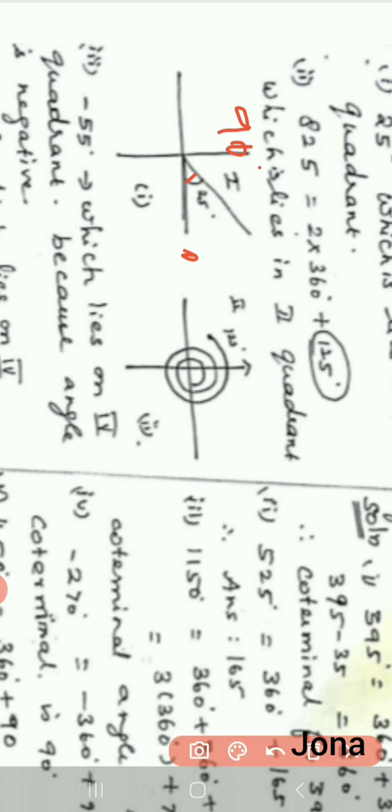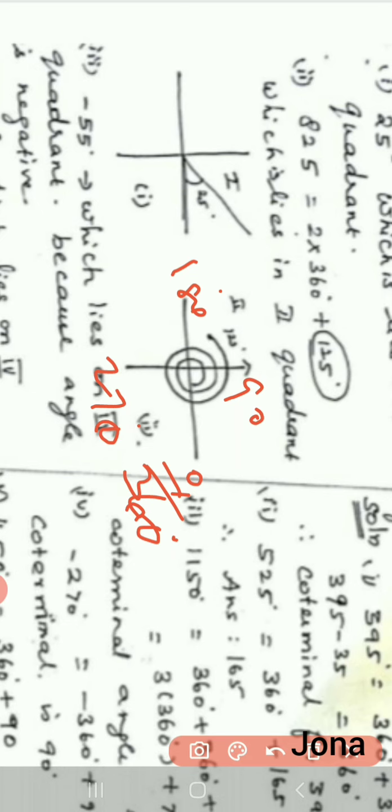Okay, look at the second problem, 825. In 825, we know here it is 0, this is 90, this is 180 and this is 270, again this is 360.